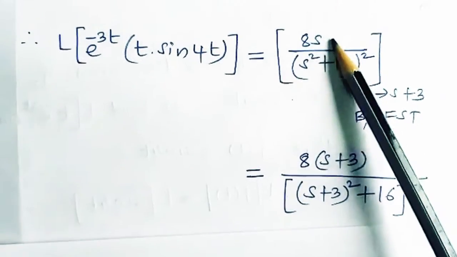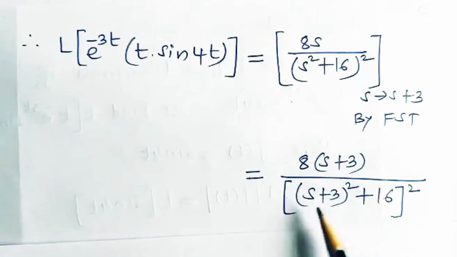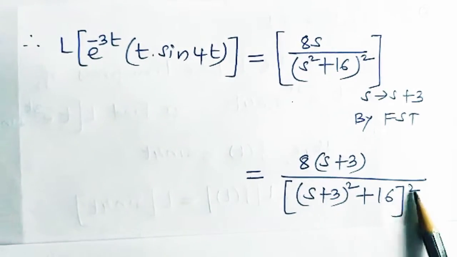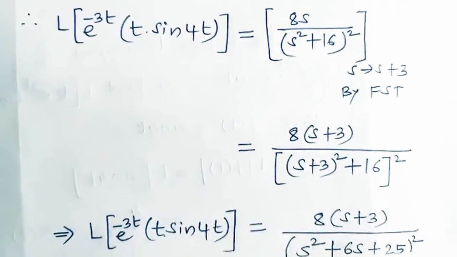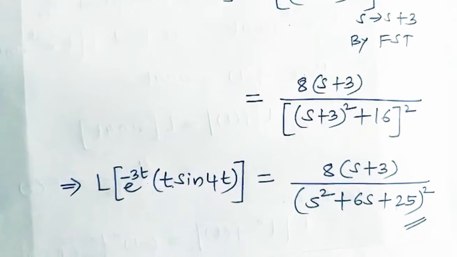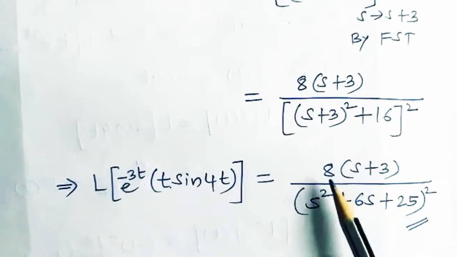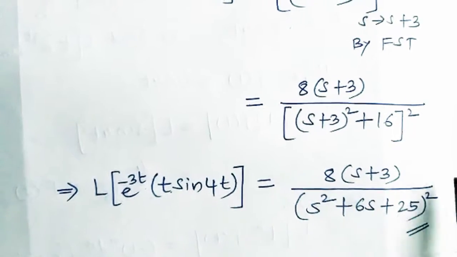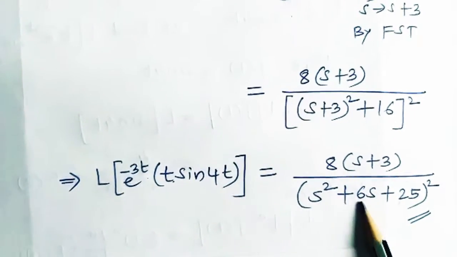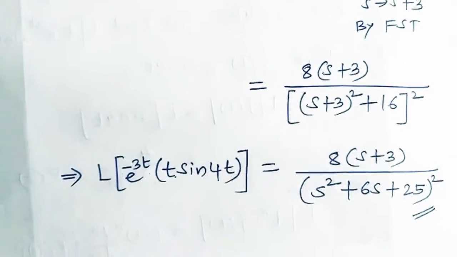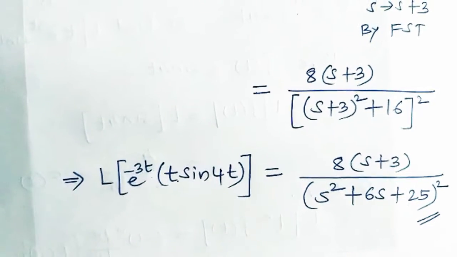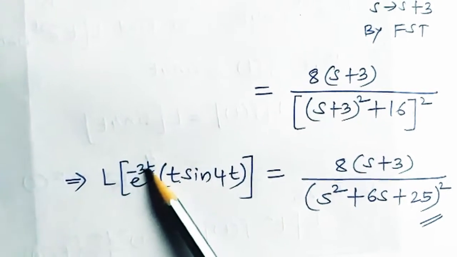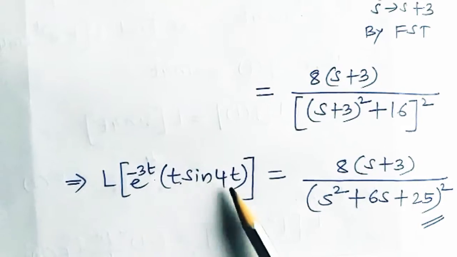Wherever s is there, straight away replace it by s plus 3 whole square plus 16 and the entire bracket square. This is the simplified form of the final answer, which is 8 times s plus 3 divided by s square plus 6s plus 25 the whole square. So this is the Laplace transformation of e to the power of minus 3t t sine of 4t.